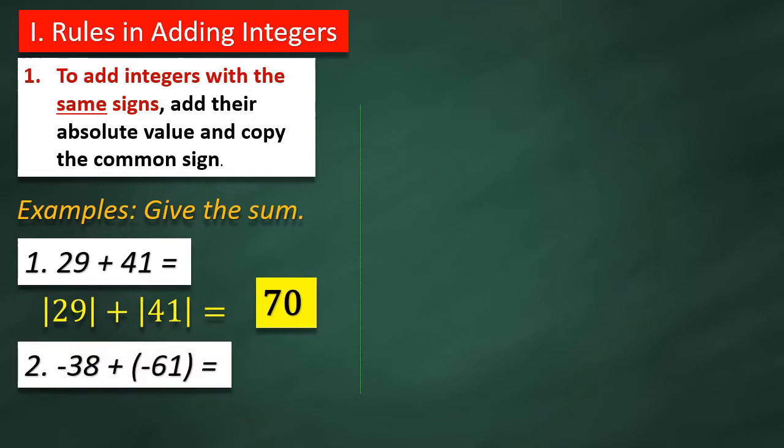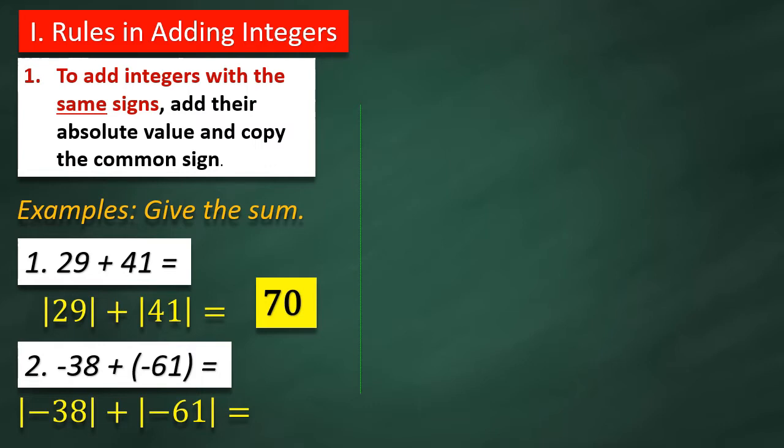Number 2, negative 38 plus negative 61. We first get their absolute values. The absolute value of negative 38 is equal to 38. For negative 61, it is equal to 61.